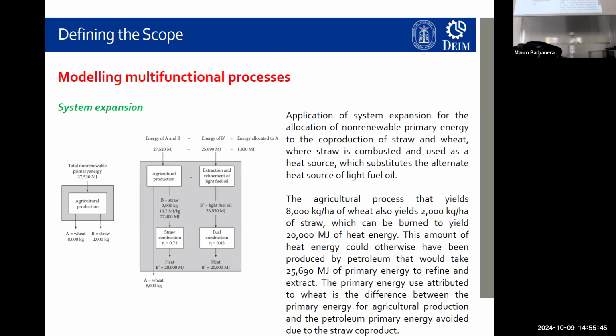The procedure is the same, but in the first case, the criterion is the mass content. In the second case, the criterion is the economic value of the products. Then we have the third possibility, the energy content. In this case, we have to calculate the energy content of 8 tons of wheat and the energy content of 2 tons of straw, and the calculation is the same.